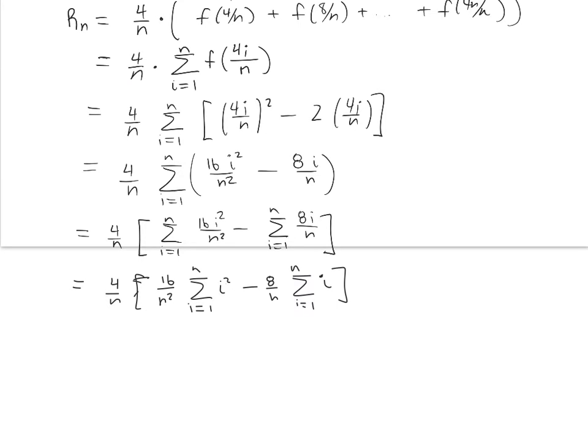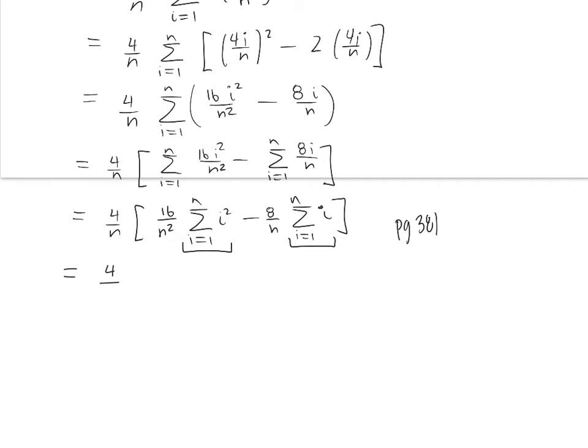And now, in your book, on page 381, there are formulas for what this and what this adds up to. So that first one is doing 1 squared plus 2 squared plus 3 squared plus 4 squared plus 5 squared. This next one does 1 plus 2 plus 3 plus 4 plus 5 plus 6. It's pretty easy to prove what the second formula is, but I don't think I have time to show you today.